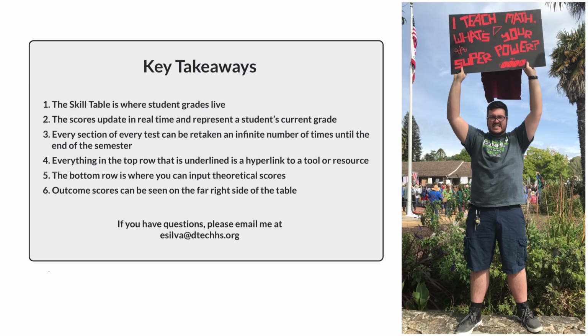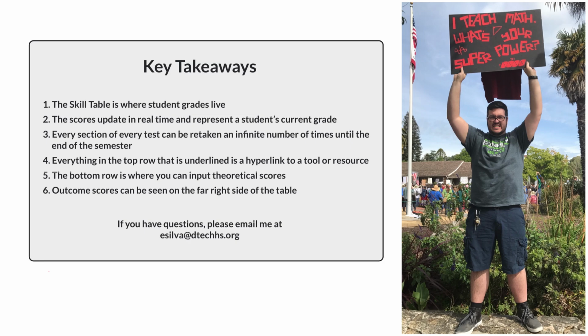Finally, again, the key takeaways after this video: 1. You should understand the skill table is where students' grades live. This is where their grade is. 2. The scores update in real time and represent a student's current grade. 3. Every section of every test can be retaken an infinite number of times until the end of the semester. 4.